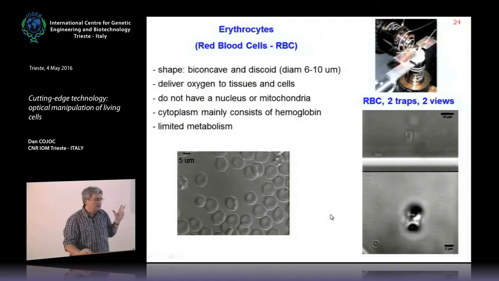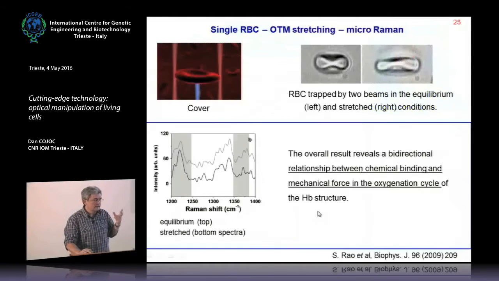So this can be a useful tool for manipulating the cell and also for stressing the cell. For instance, another group from Spain did a very nice experiment stretching the cell and measuring the Raman scattering.